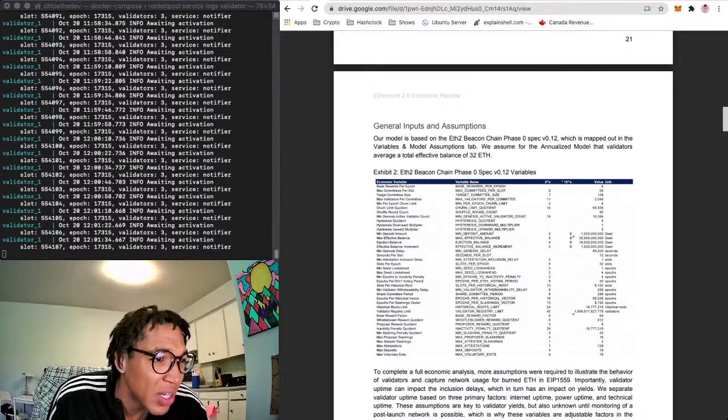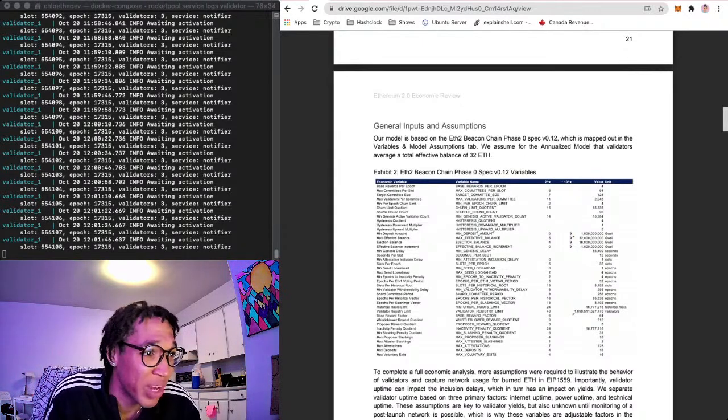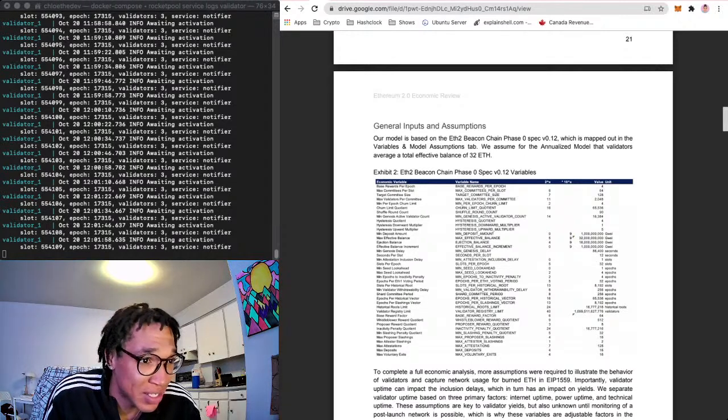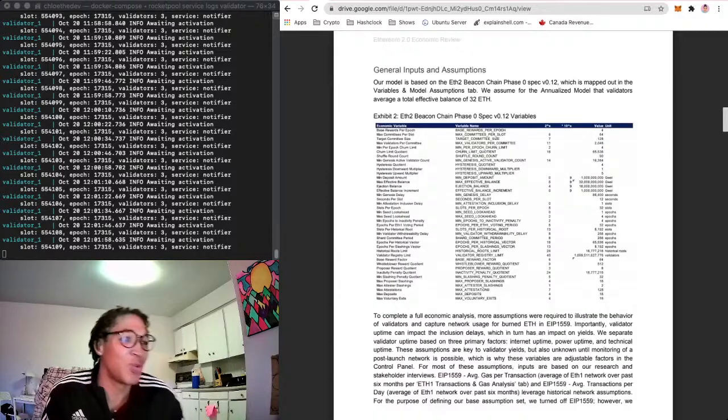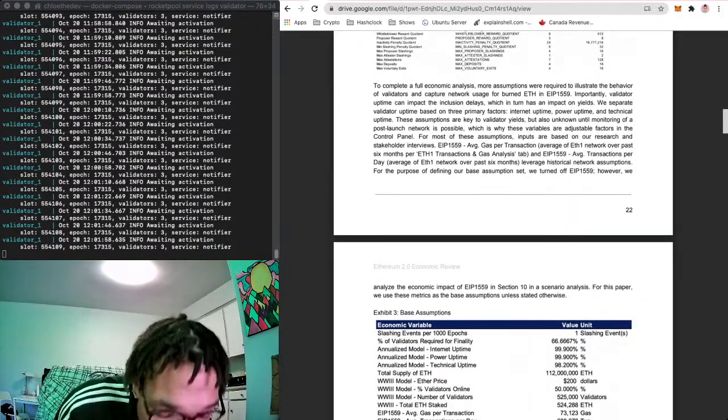Max seed lookahead, seeds per epoch. Min attestation inclusion delay, 1 slot. So yeah, you want your attestation included in the next slot. Yeah, cool. And I'm reading through all that.